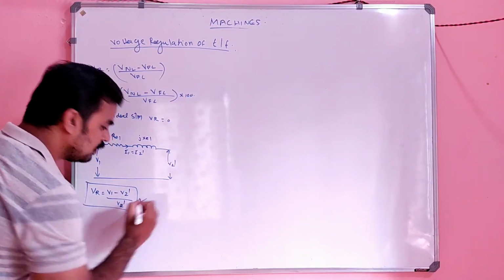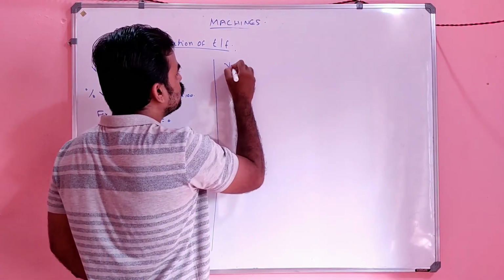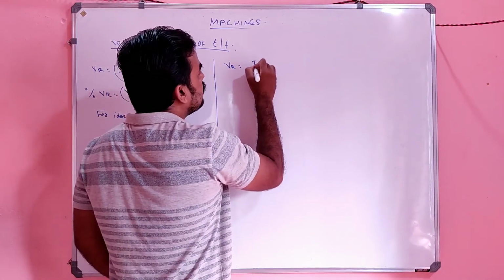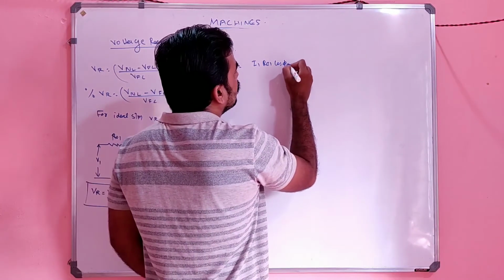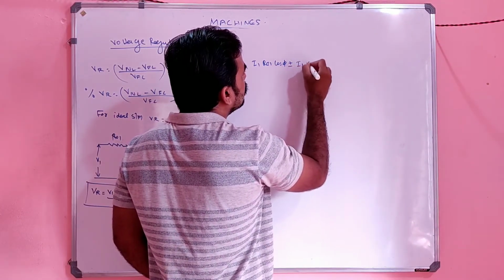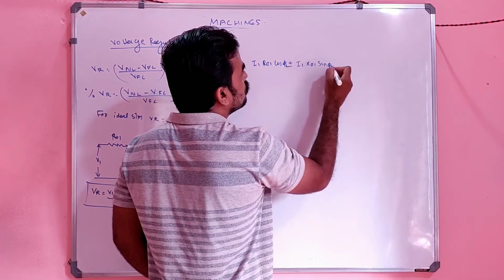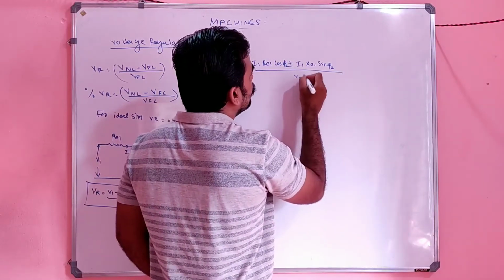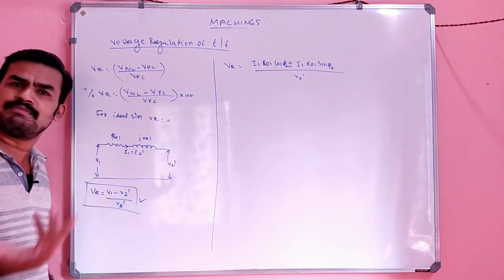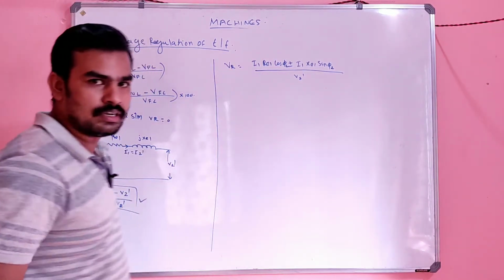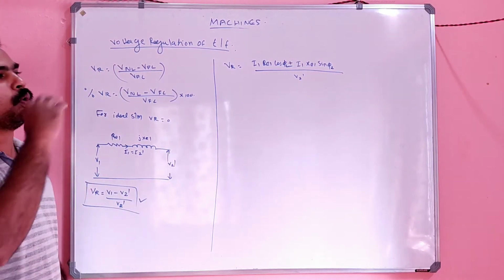This is one equation for regulation, and there is another equation, VR is equal to I1 into RE1 cos phi 2 plus or minus I1 into XE1 sin phi 2, whole divided by V2 dash.